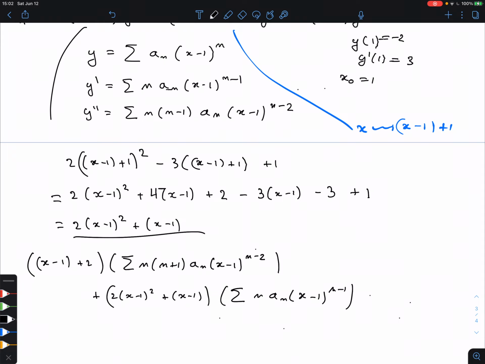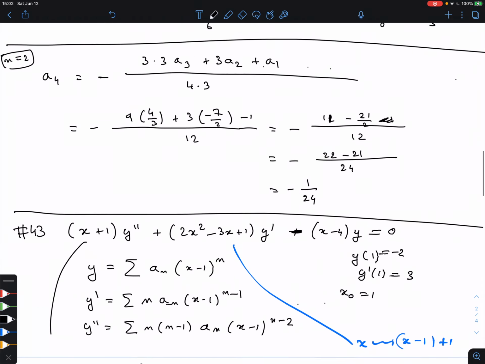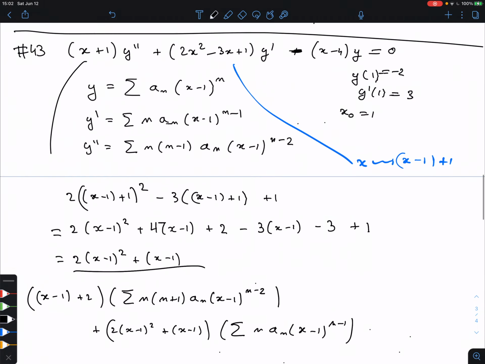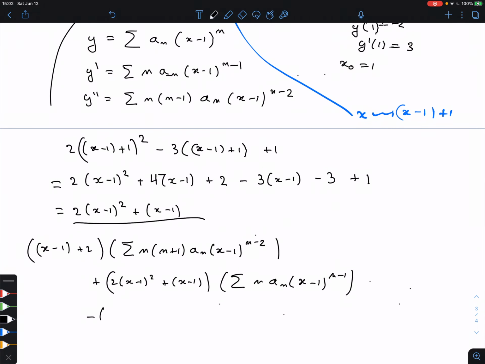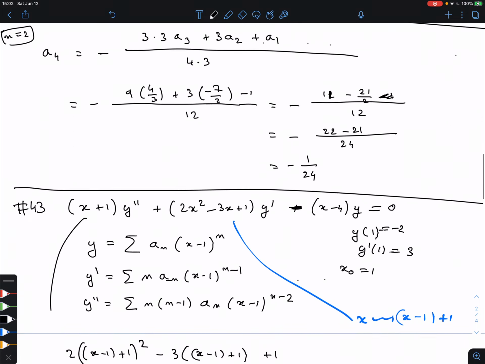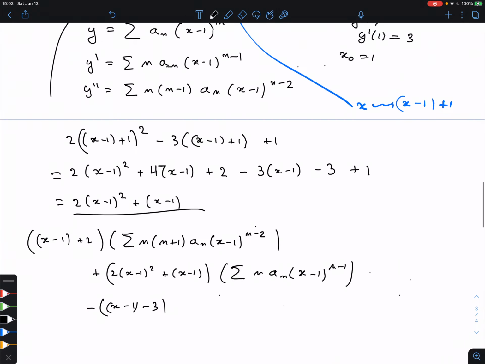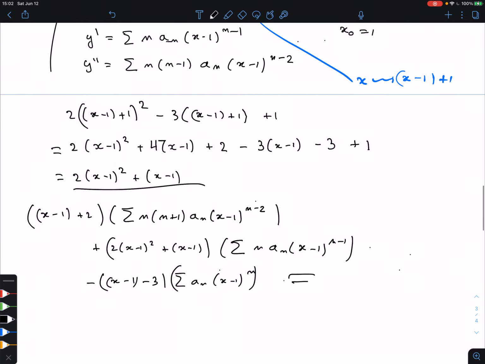And then we have the last term; what do we do? x minus 4, so that is minus (x minus 1) minus 3, right? Again, we have to write it as powers of x minus 1, and that times the summation of a_n (x minus 1) to the power n. And this all is 0.